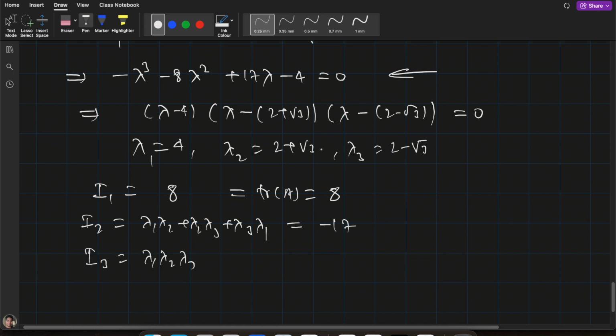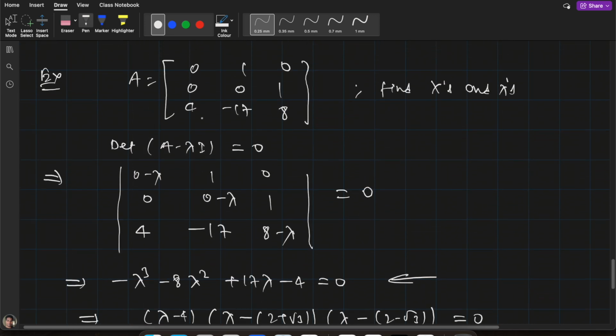And if you find it, you will get the same. After putting these 3 lambdas in this equation, you will get minus 17. And the determinant is just the multiplication of these: 4 times 2 plus root 3 times 2 minus root 3, that is nothing but 4 minus 3. 4 times 1, 4.